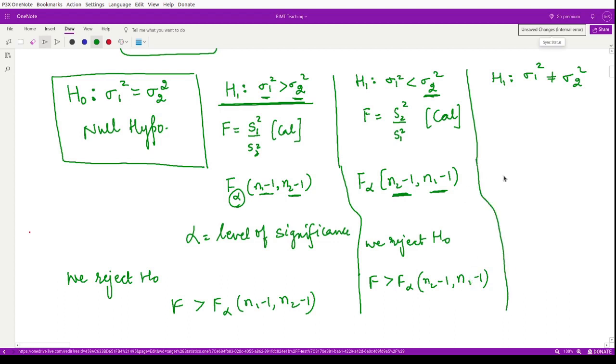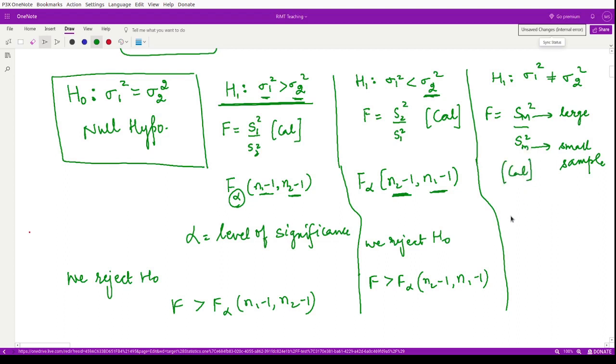And in the third case, whenever they are not equal, first of all you calculate your F as s capital M square by s small m square. Now what is M? Capital M represents the large sample, small m represents the small sample. So the sample with the smaller variance goes in the denominator, and the larger goes in the numerator. This would be the calculated value.